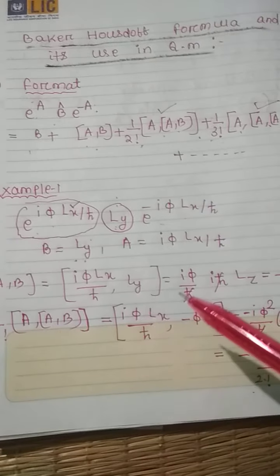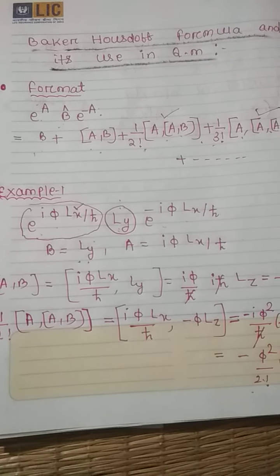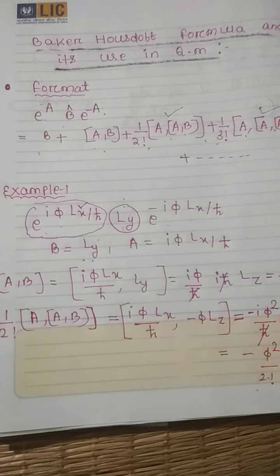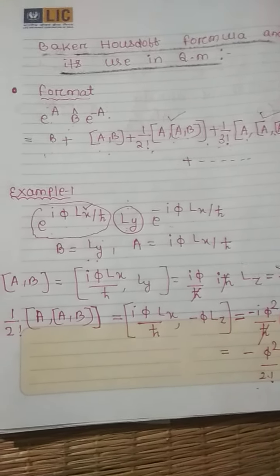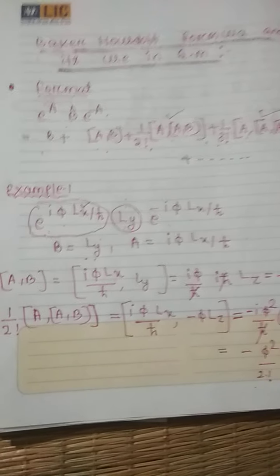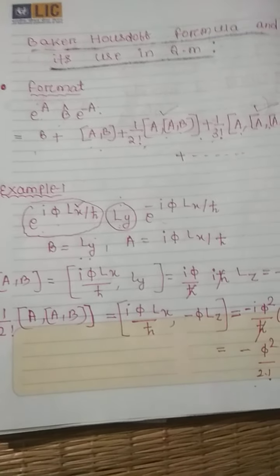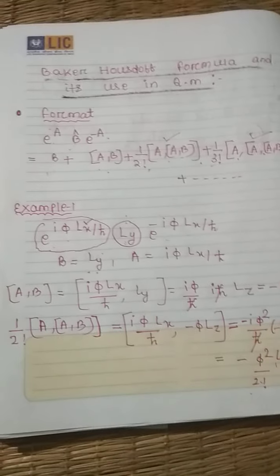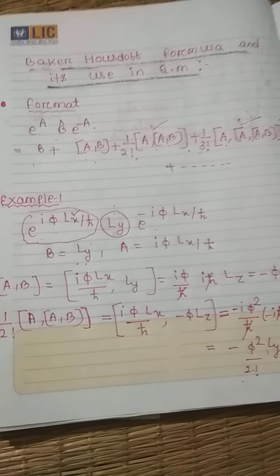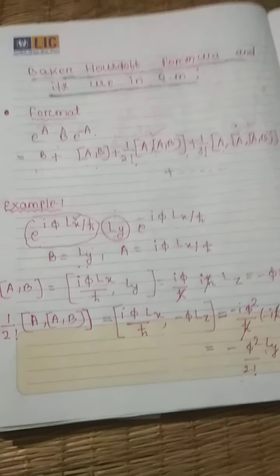Then how will the y component of angular momentum change when we rotate the system along the x-axis? That can be done with the help of this Baker-Hausdorff formula. You can make a rotational transformation, and we can also make a space translation.